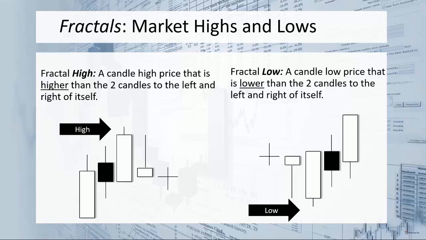So if I have multiple candles that share the exact same high, I'm still going to look for two to the left of those multiple candles and two to the right, because numerically they're going to be the exact same price point. If I can get two to the left and two to the right of that exact same price point, then I'm still going to have a high or a low.